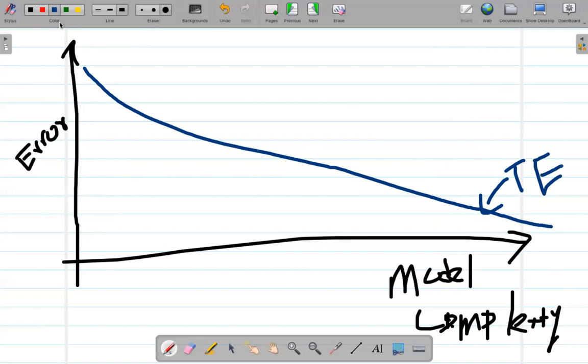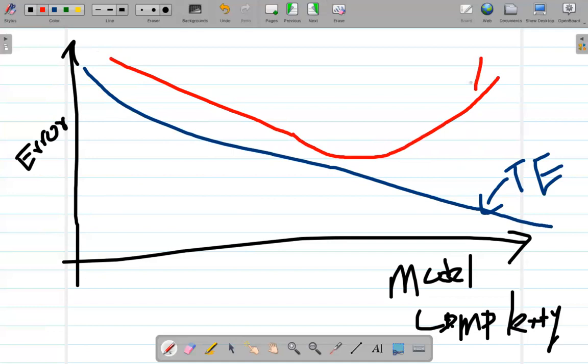Then suppose the testing error is like this, and it gets increased. This is the test error.